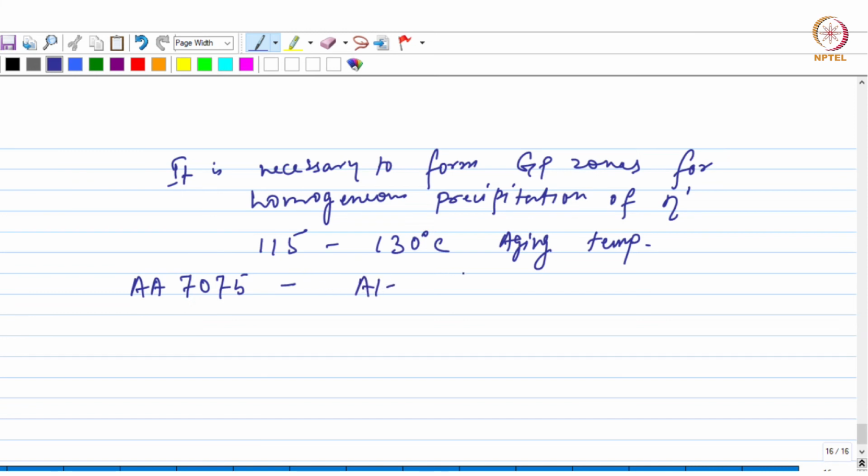This alloy has 5.6% zinc, 2.5% magnesium, 1.6% copper, and some amount of chromium.